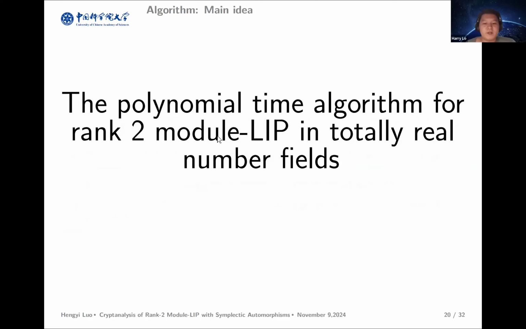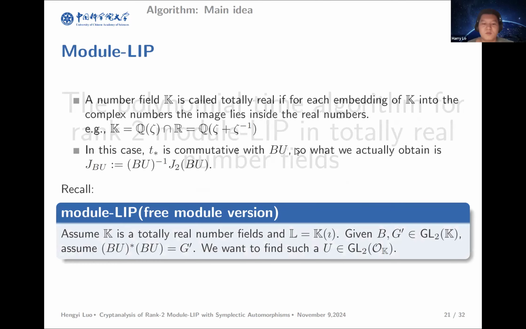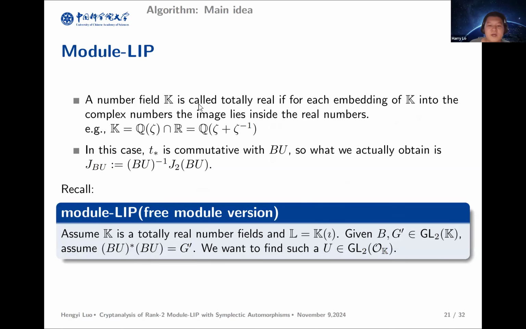Finally, let's briefly introduce the main idea of the polynomial time algorithm for rank 2 module lattice isomorphism in totally real number fields. A number field K is called totally real if every embedding of K into the complex numbers maps the field to the real numbers.